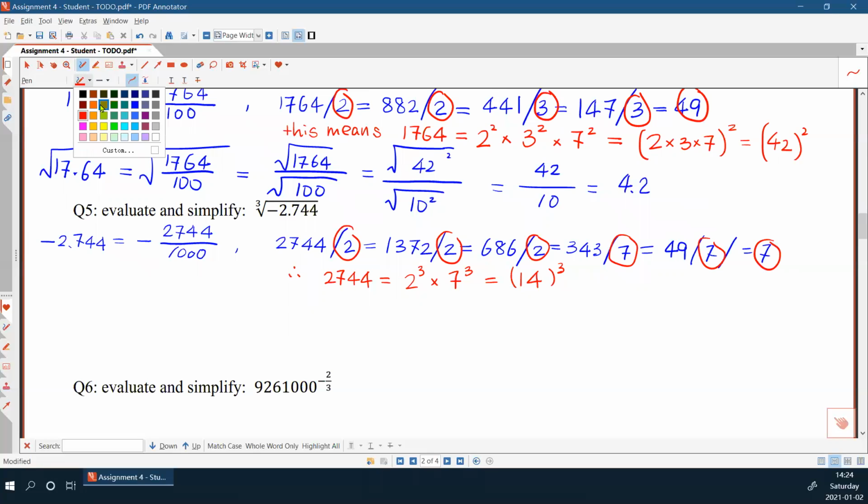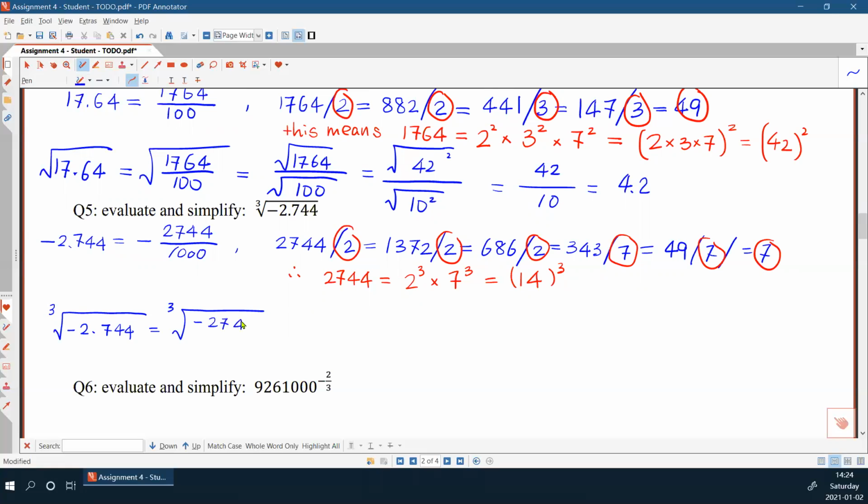So next, we want to calculate the cube root of minus 2.744, which is the cube root of minus 2744 over 1000, which is a ratio between these two cube roots. Okay, first is minus 14 to 3 times.